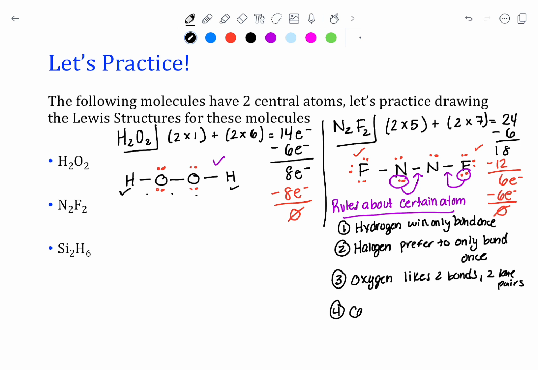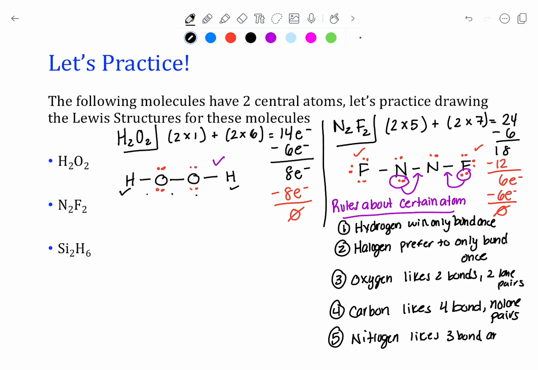And carbon likes 4 bonds, no lone pairs. So carbon would prefer to have all bonds and no lone pairs at all. And finally, nitrogen likes 3 bonds and one lone pair.